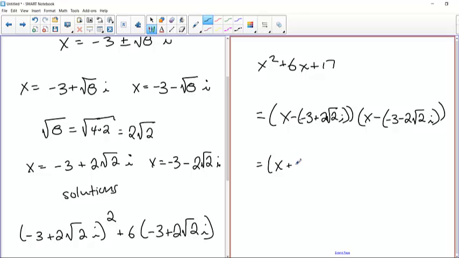So it'd become x plus 3 minus 2 square root of 2i. And the next one would be x plus 3. And then you have negative times a negative, so it'd be plus 2 square root of 2i. And that is the factored version, the complex factored version of this quadratic equation.